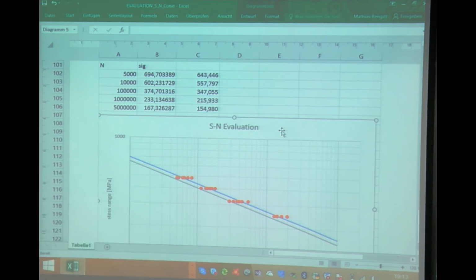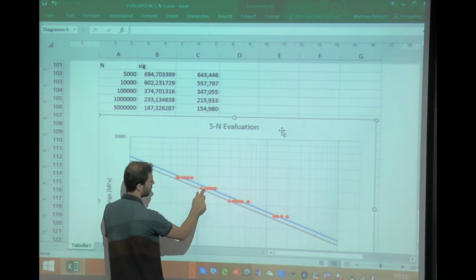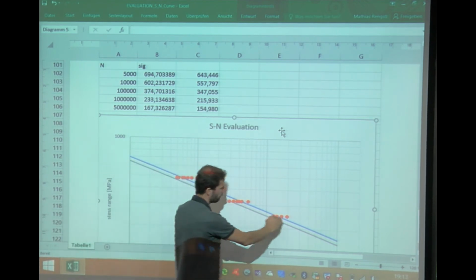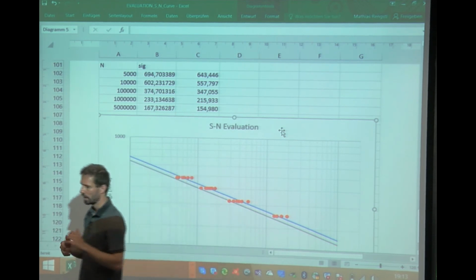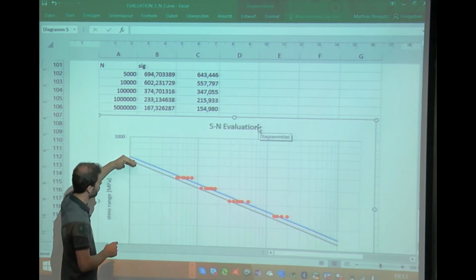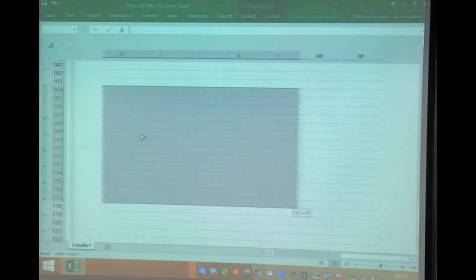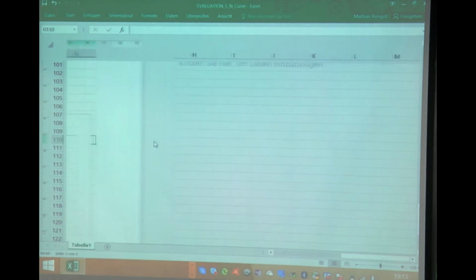As you see here, our fatigue testing dots are on this side. And of course, you have also here the shifting due to the standard deviation.